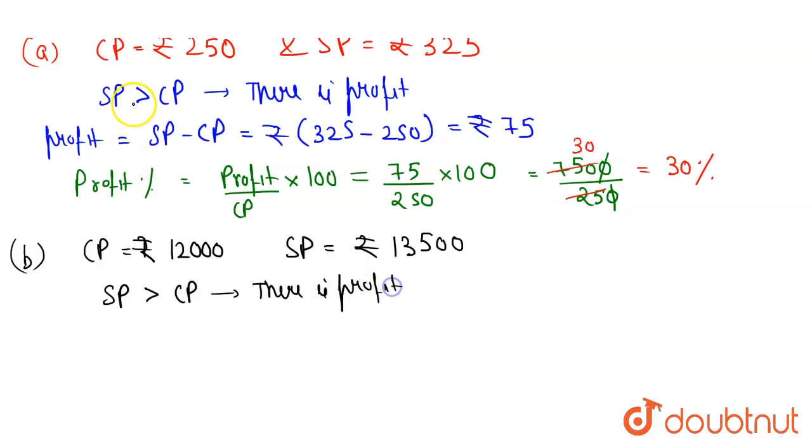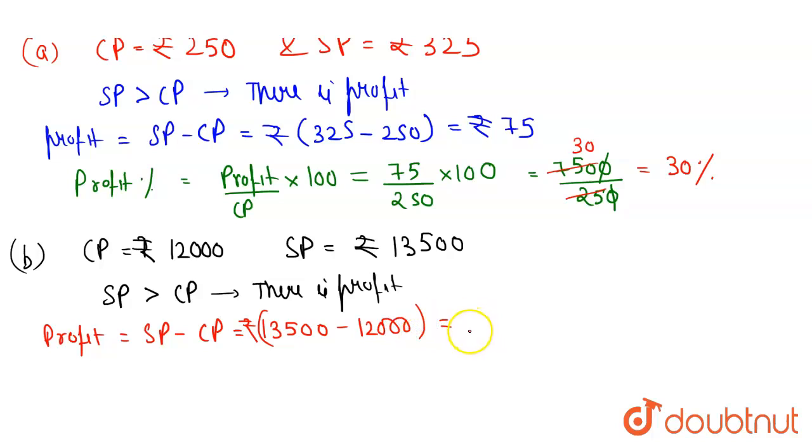Let us find the profit. Profit is given by selling price minus cost price. This is equal to rupees 13,500 minus 12,000, so this is equal to rupees 1,500.